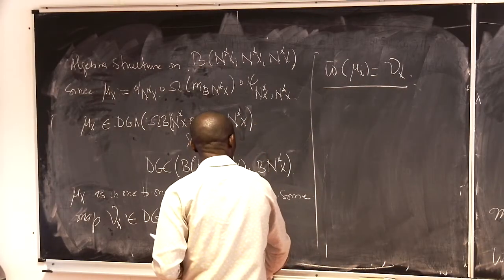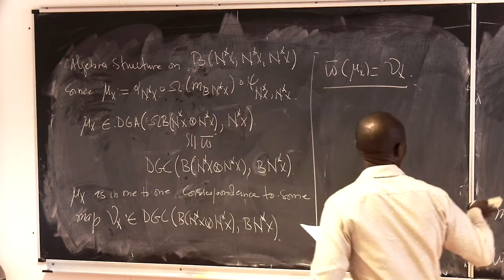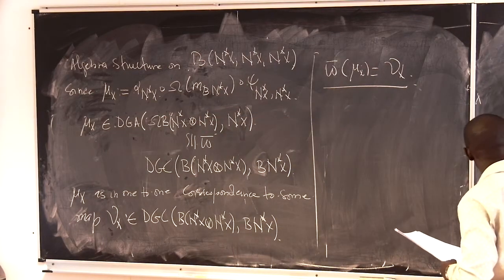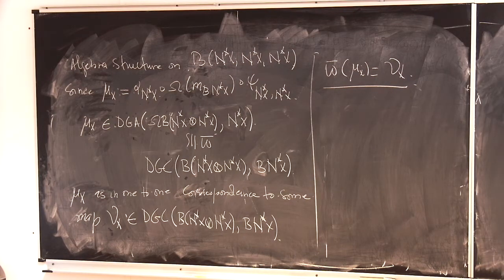With this, we'll try to construct a bijection on the bar construction with double coefficient in this way.